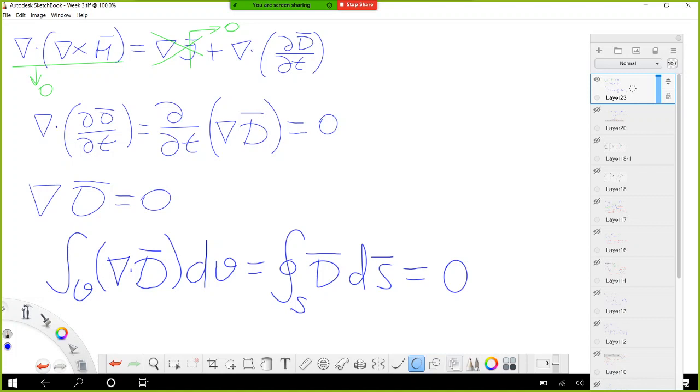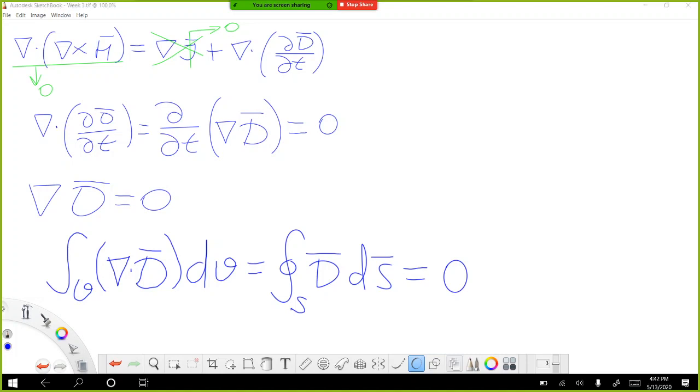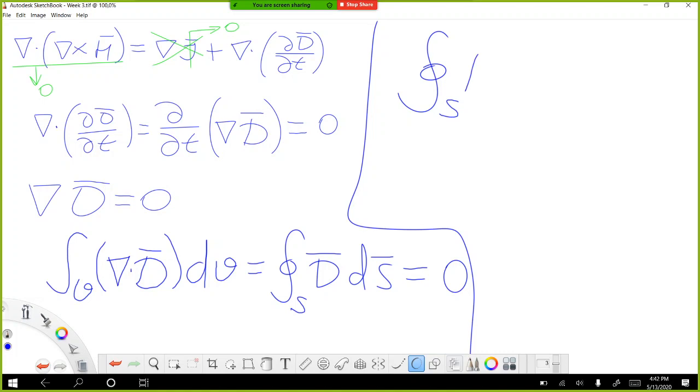And we conclude that the integral over S of D dS equals 0.